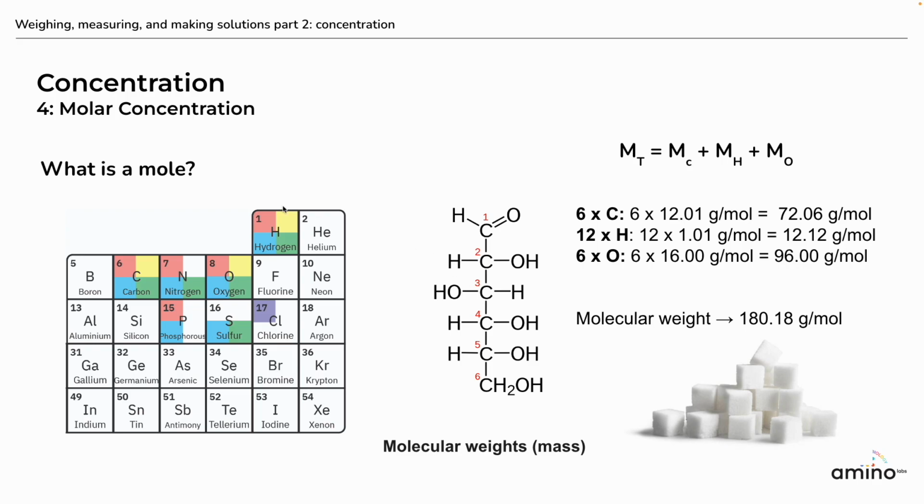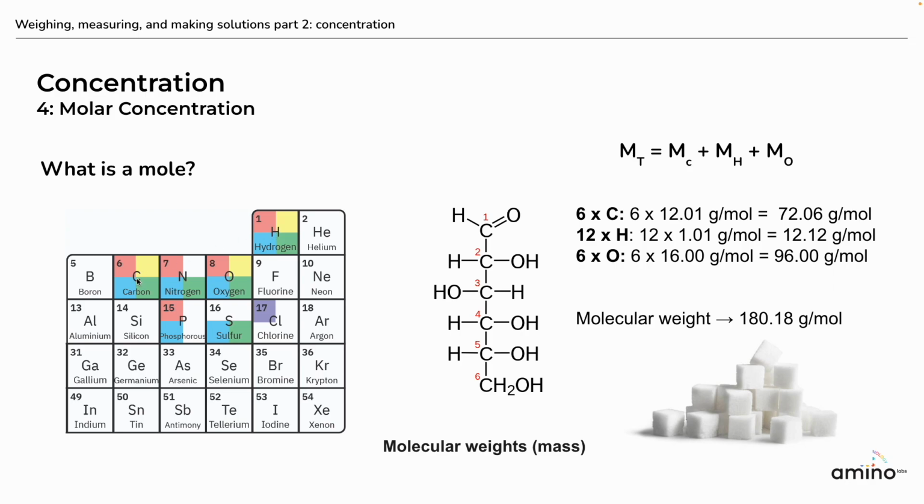Okay. And so there's no atomic weights in this simplified version of the periodic table, but you'll find atomic weights usually in the top right corner or somewhere within the square, okay? And so, for example, hydrogen has an atomic weight of 1.01 grams per mole.